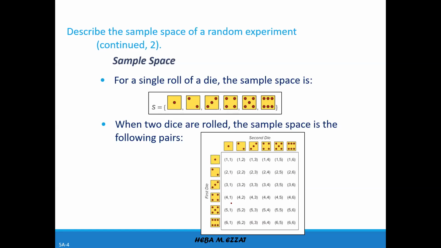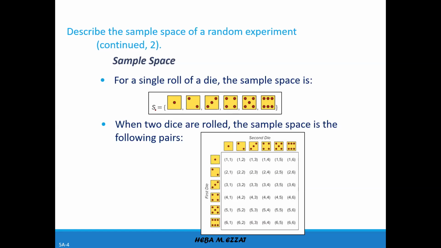So when we roll a die, it's again a random experiment because we don't know the outcome in advance. We don't know which of these numbers will appear at the end of the experiment.